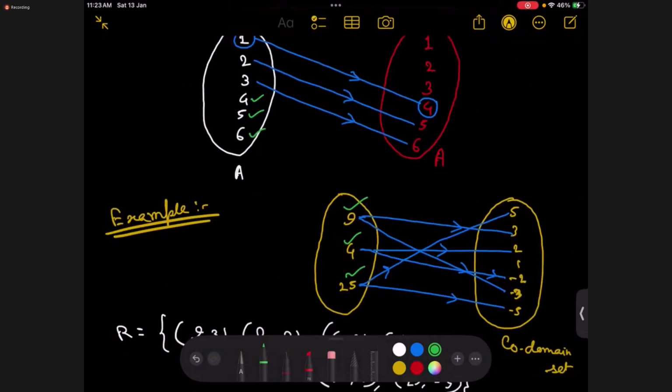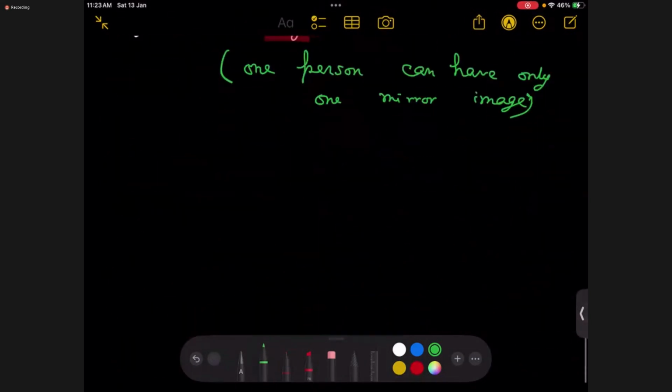Let us look at an example of a function. Suppose f from R to R is defined by f of x equals 2x. Then what are the elements of this? No, not like this. We can do it a different way.